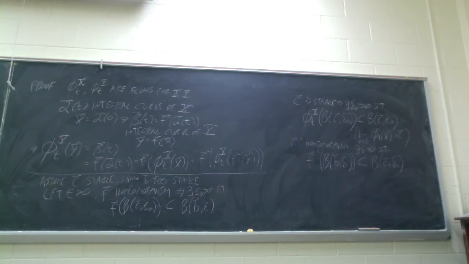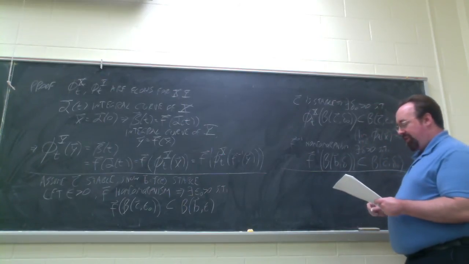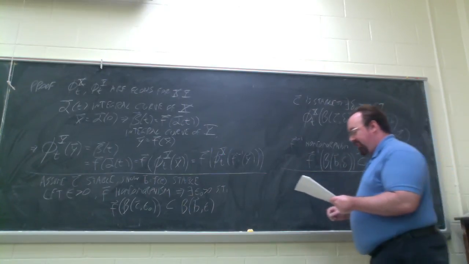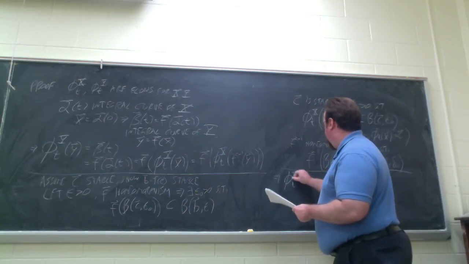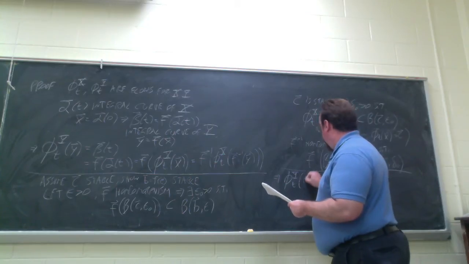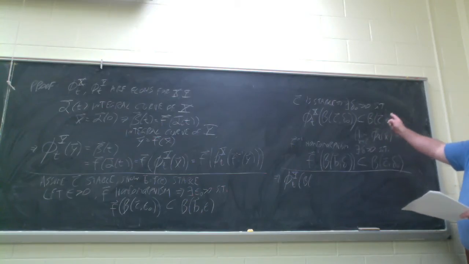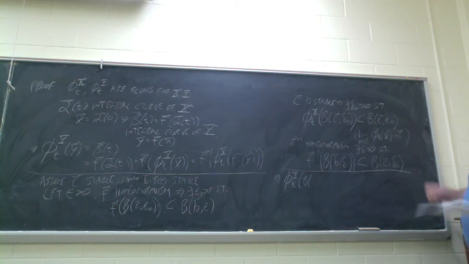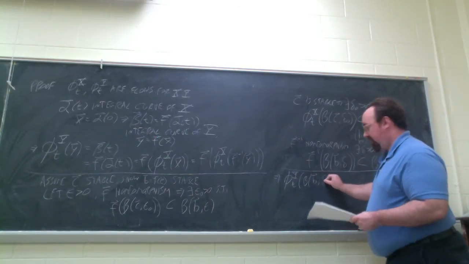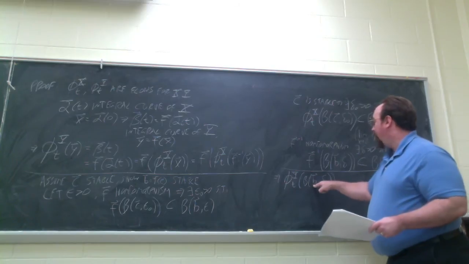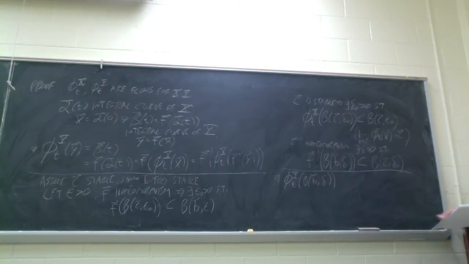So now, to cap the proof that B is stable, I can say that the flow of Y, so basically I want to mimic this, except I want the flow of Y, and where I have C up here, I want B. So I take points that are sufficiently close to B, and I flow them up to time t.